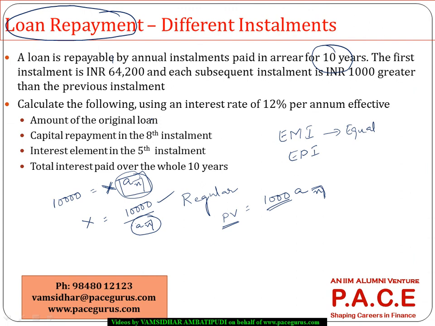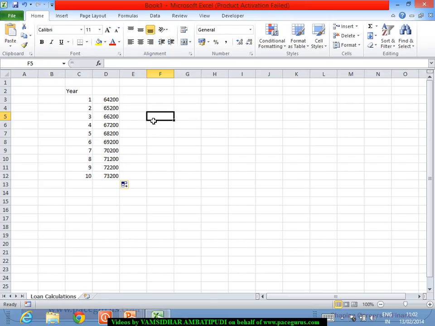This is again a scenario of an increasing annuity, where my repayment amount is not equal across the entire period. Rather, it is increasing arithmetically by 1000 bucks.